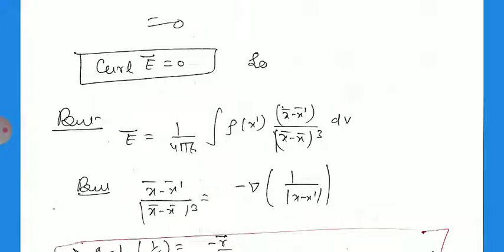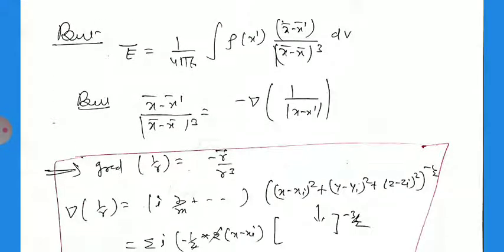Since the curl of E equal to 0, we can write this in another form: E equal to 1 divided by 4 pi epsilon naught, integral of rho (x minus x') divided by |x minus x'| to the power 3 dv. But (x minus x') divided by |x minus x'| cubed we can write as minus del of 1 divided by the magnitude of (x minus x'). So the gradient of 1 by r can be written as minus r vector by r cube. How do we write this?